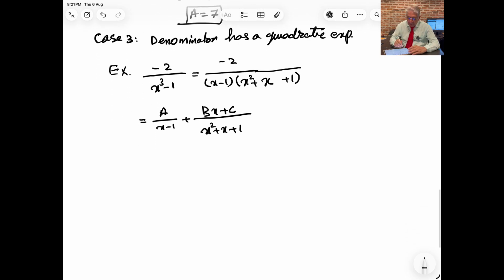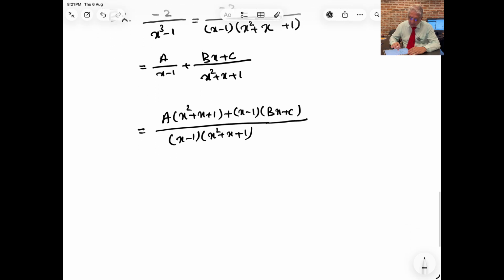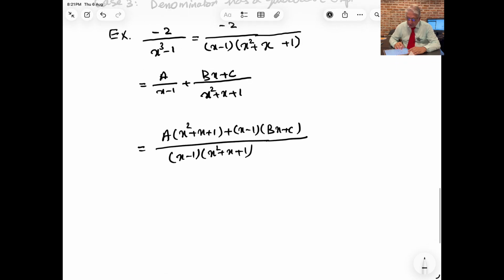So now you take the common denominator. The denominator is x minus 1 times x squared plus x plus 1. This is a times x squared plus x plus 1 plus x minus 1 times bx plus c. Now, again, same argument.